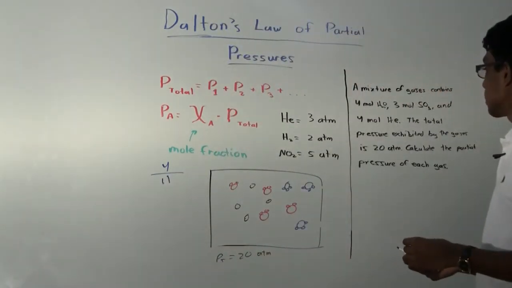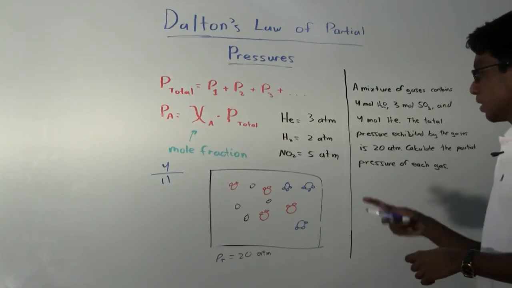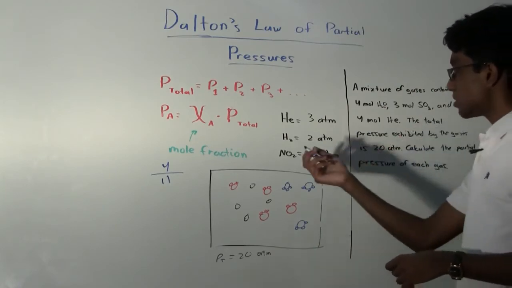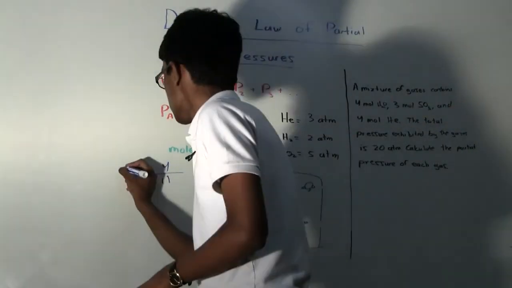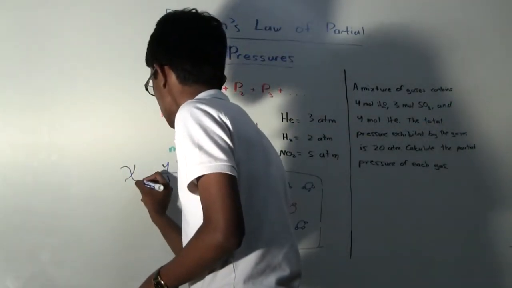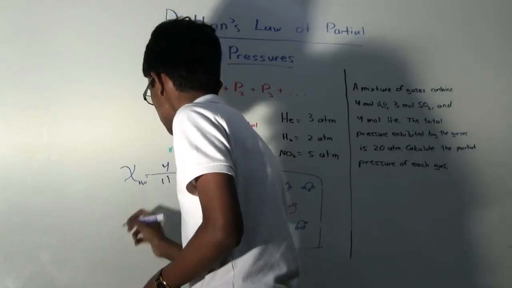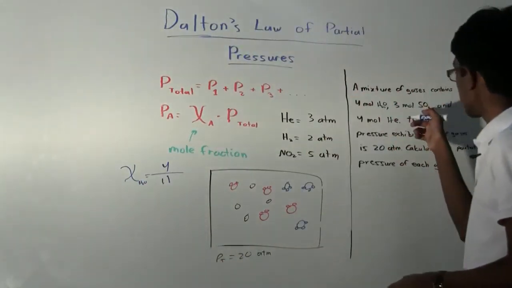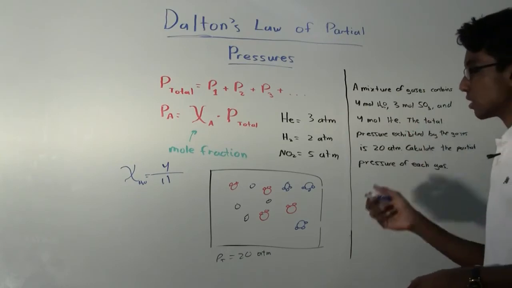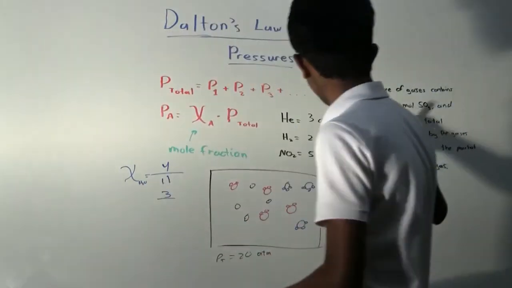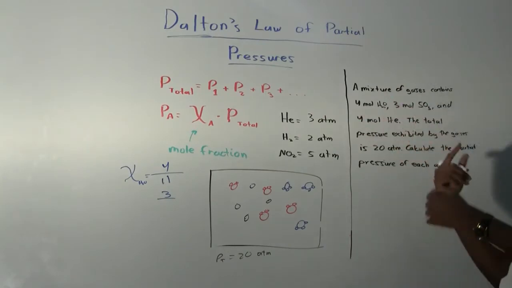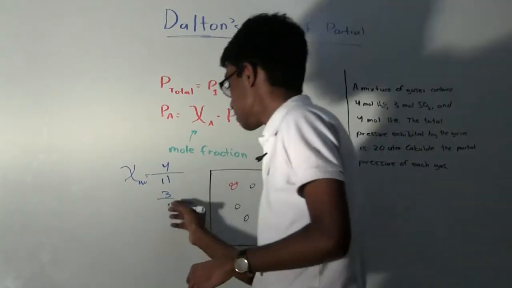Okay. And then this is the mole fraction for water. Okay. The mole fraction for sulfur trioxide is going to be 3, because there's 3 moles of sulfur trioxide divided by the total moles of gas, which is also 11.